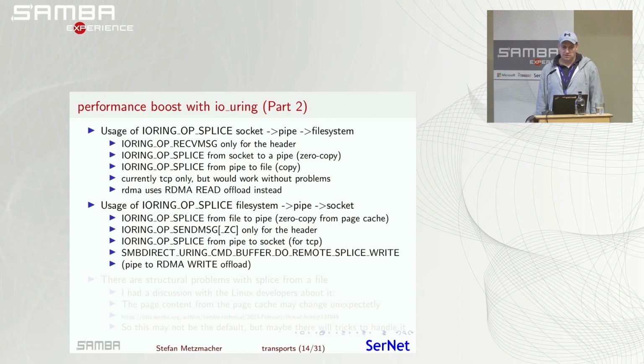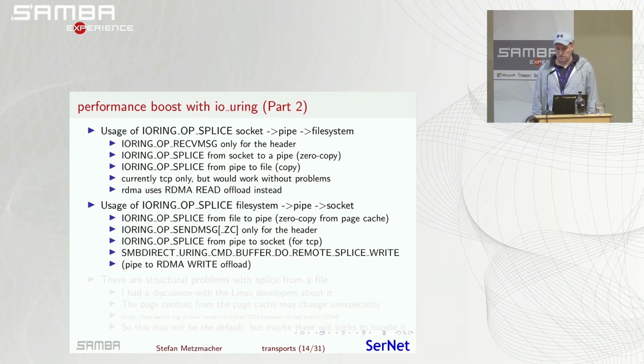For the other direction with splice from the file system via the pipe to the socket, we can have full zero copy, basically from the file, from the page cache to the pipe. Then we use send message or send message zero copy for the SMB header, and then we use splice again for the data to the socket.